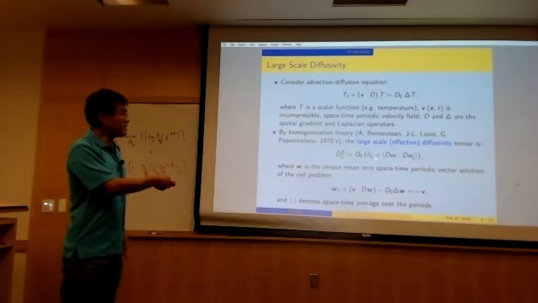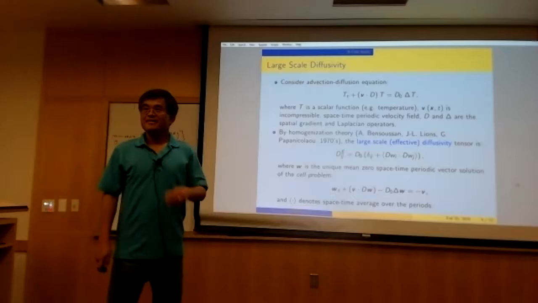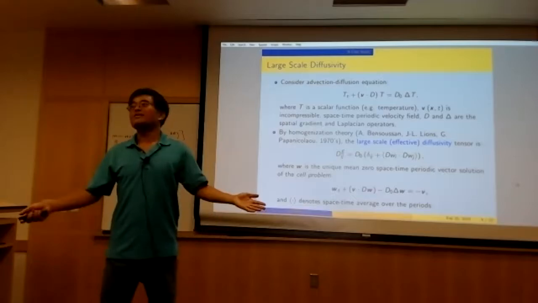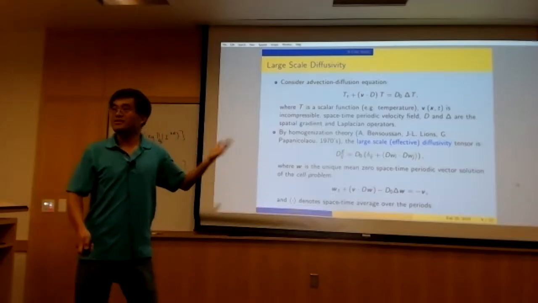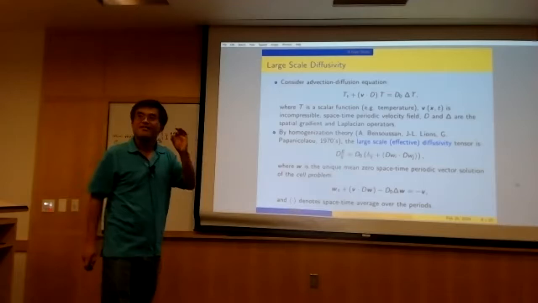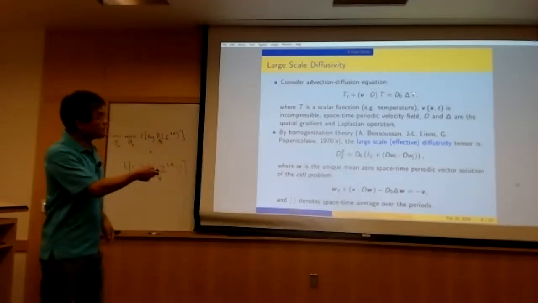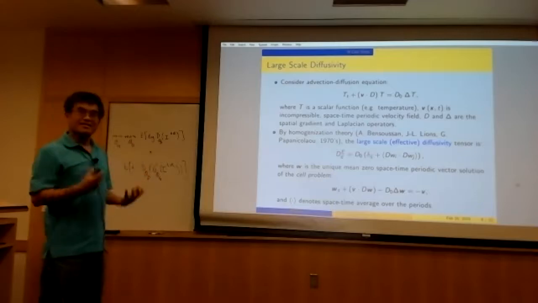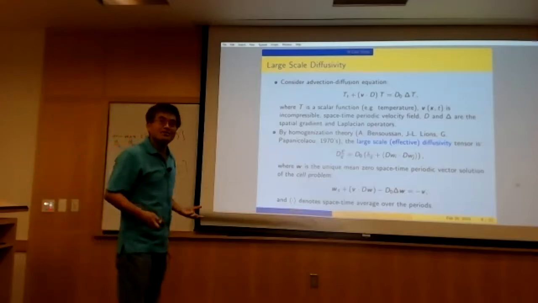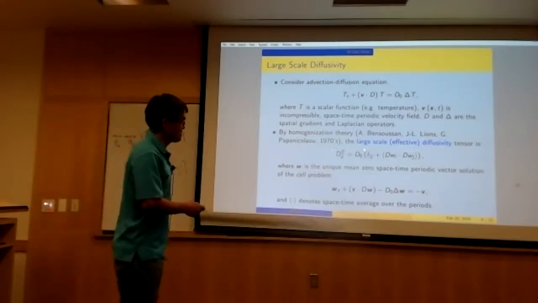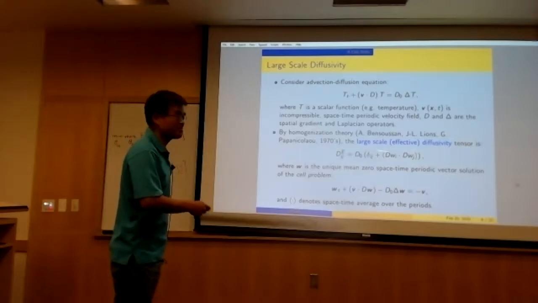So if this quantity as nu goes to 0 does not go to 0, that is like the Kolmogorov theory in this problem, right? So there's something remaining supported by the flow. Even though you send the molecular diffusivity to 0, the flow can sustain a large-scale diffusivity. So there's something Kolmogorov behind this formula.